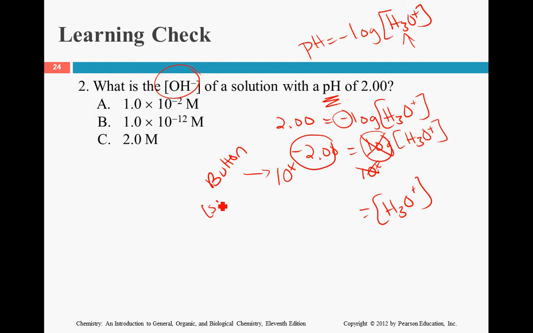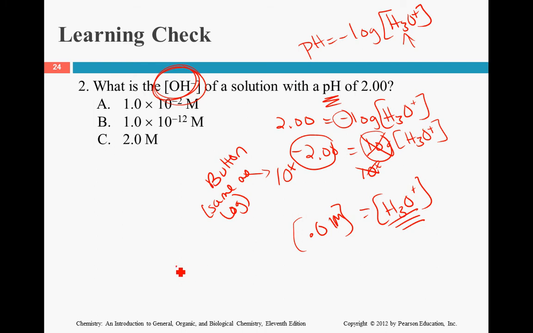It's probably the same one as the log button, but it's probably the second function. So 10 to the x of negative 2. That comes out to be 0.01 molar. That's the concentration of H3O plus, though. We're looking for OH minus.